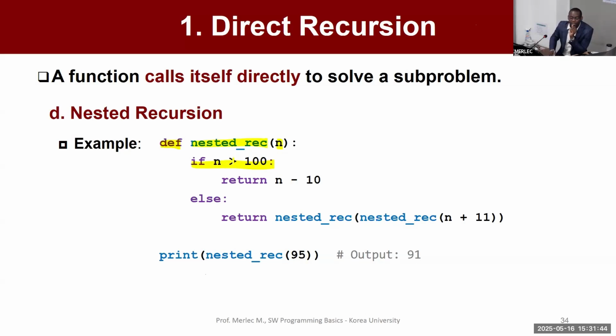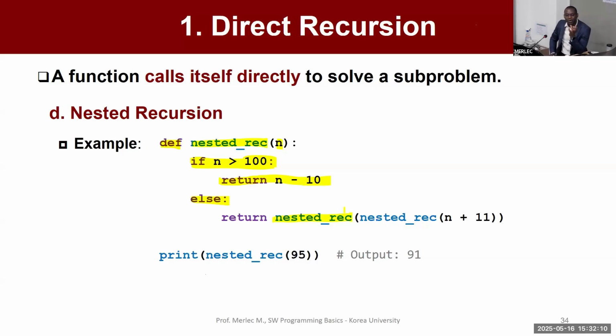If n is greater than 100, it will return n minus 10 to the calling line. Else, if this base case condition is not satisfied, we will go to the else part. The else part will be calling the function itself.